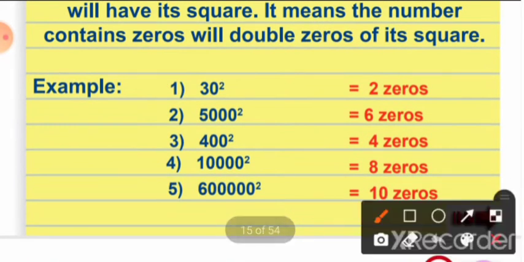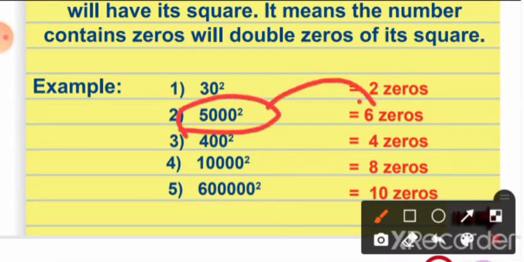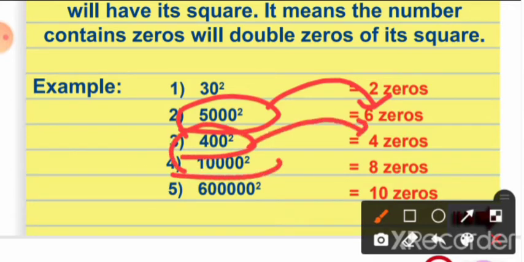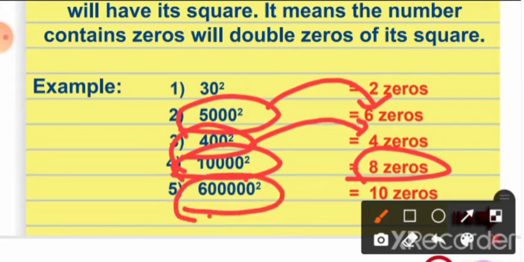Some examples are also given here. 5000 has 3 zeros, so its square has 6 zeros. 400 has 2 zeros, so its square has 4 zeros. 10000 has 4 zeros, so its square has 8 zeros. 100000 has 5 zeros, so its square has 10 zeros.